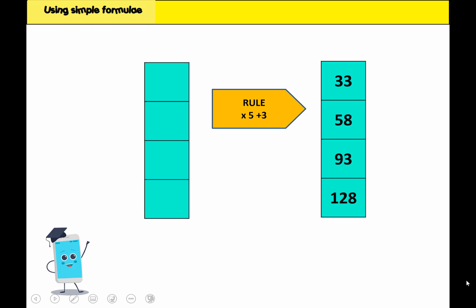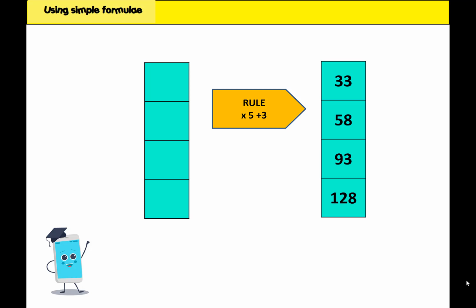It's important to note that when doing the inverse, we undo the step that's being done last. So if we had a starting number, we first multiplied it by 5, then we added 3 to get to 33. What we want to do is undo the last step first. So we want to undo the add 3. The inverse of adding 3 is subtract 3.